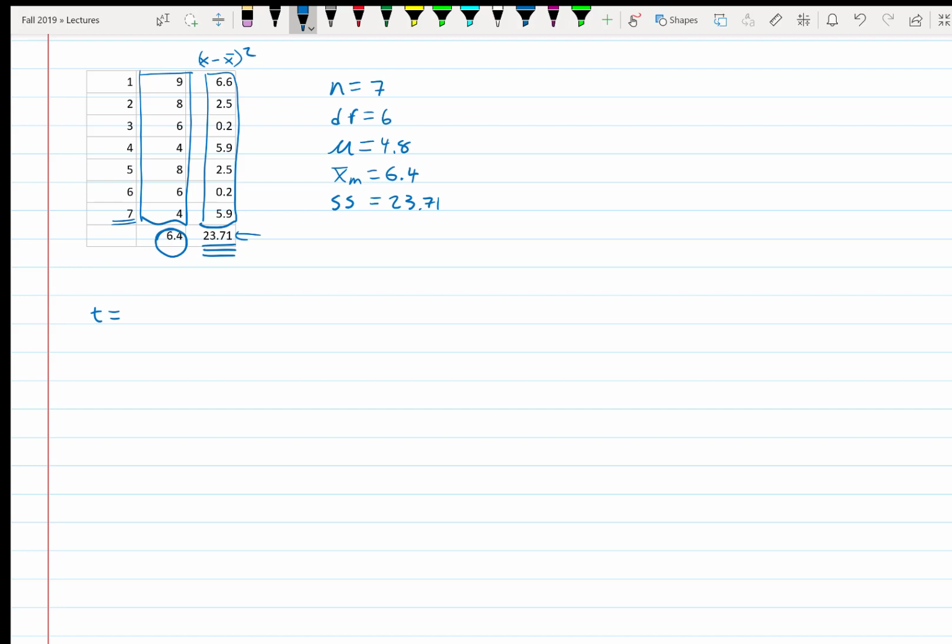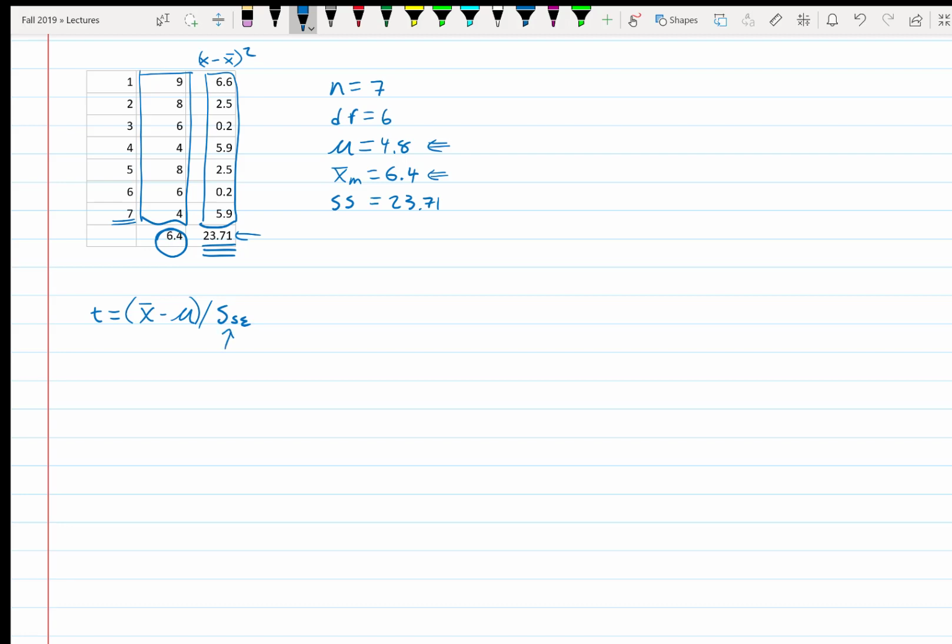I think it looks like it's the first example. We have a population mean and we have a sample mean. So I think that's the kind of test that we're going to do. And the correct formula for that one is x bar minus mu, the mean for the population, divided by the standard error.